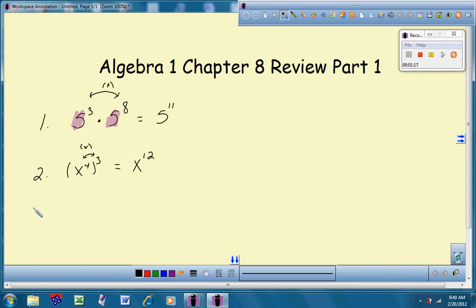Okay, next example that you will have to simplify and leave in power form would be 2 times x to the 3rd times 3 times x to the 4th squared.